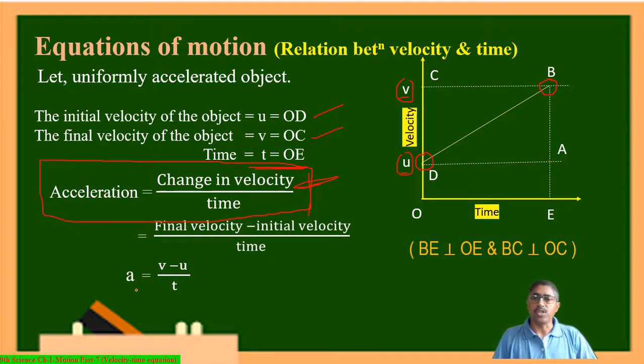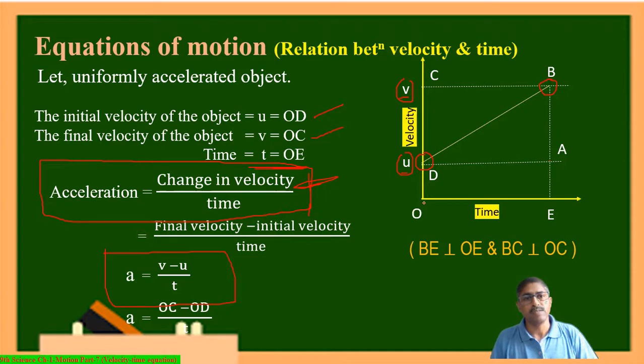So acceleration a is equal to (v minus u) over t. Here what is v? The distance from O to C, that is OC. And what is u? The distance from O to D, that is OD. Then (OC minus OD) divided by time t.